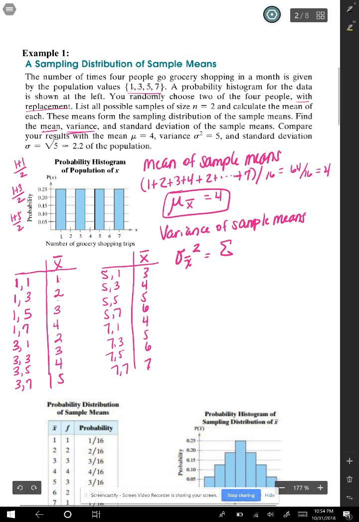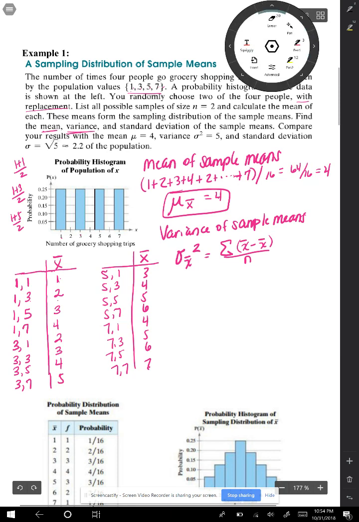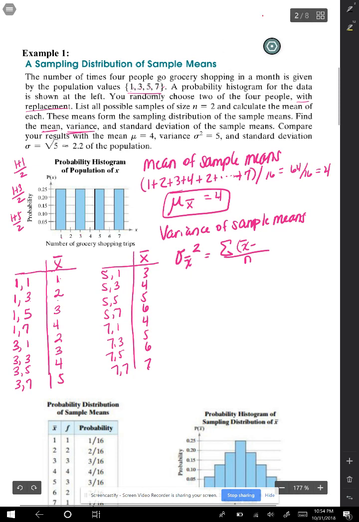But in general, our formula is we take each entry and subtract the mean, and then we divide by the number of entries. So in this case, each entry is x bar, and then we're subtracting the mean. So to fit what we have here, we're subtracting the mu x bar here.